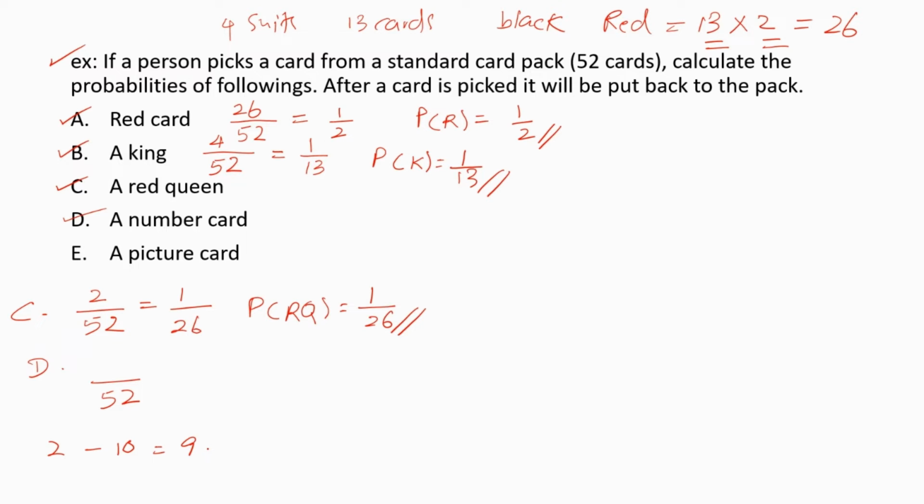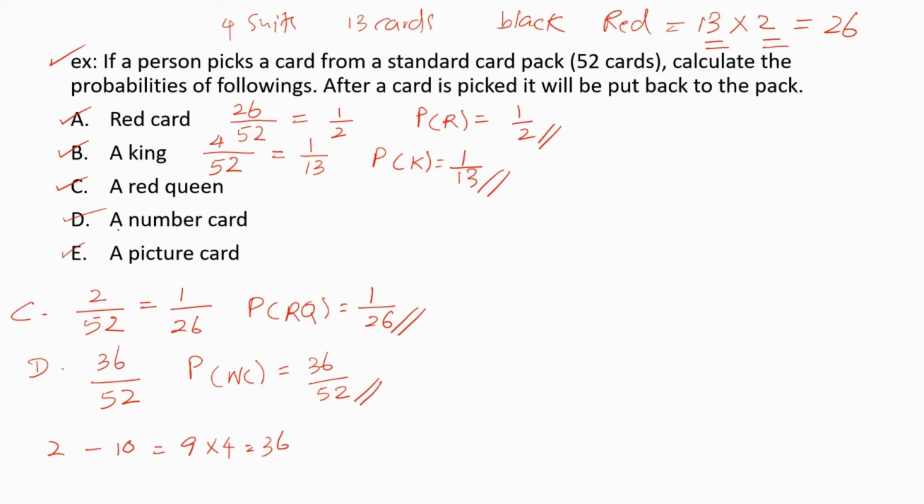So how many total number cards in a card pack? We can multiply this by 4. 36. So the probability of picking a number card equals 36 over 52.